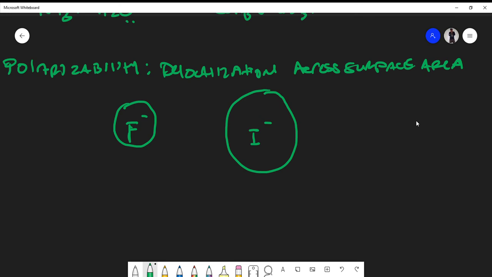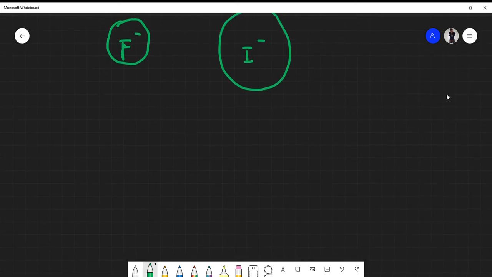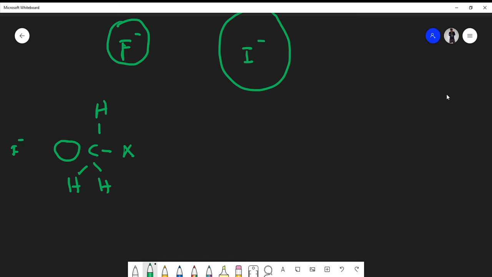And so essentially, if you look at an Sn2 reaction with these two, say we have some sort of molecule where X is an alkyl halide and I have an empty p orbital. If I look at fluoride minus, it's going to go into the empty p orbital.